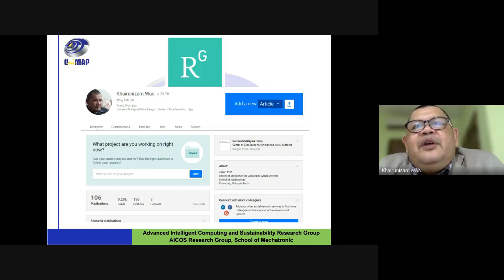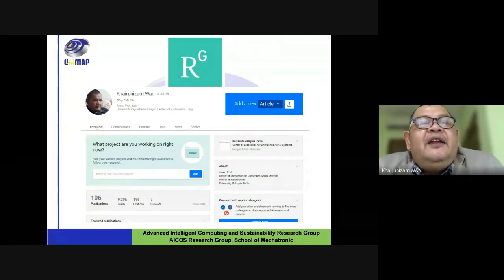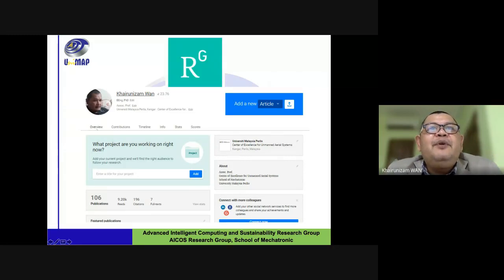ResearchGate is also one of the sites where you can store your research information. For example, how many papers you have already published, and then the score. ResearchGate produces a score, for example here 23.76. This is your research score.